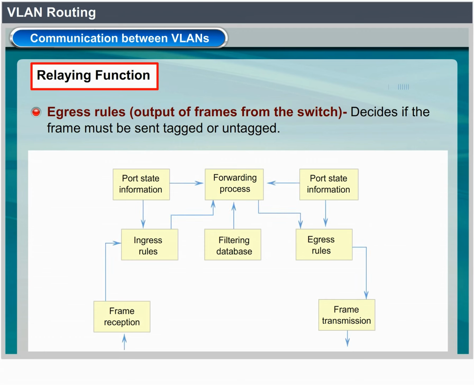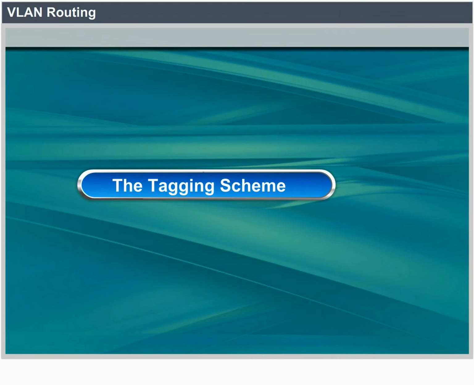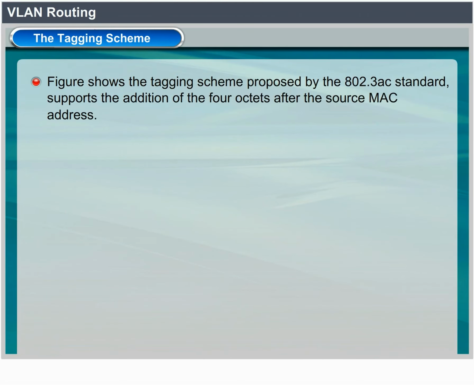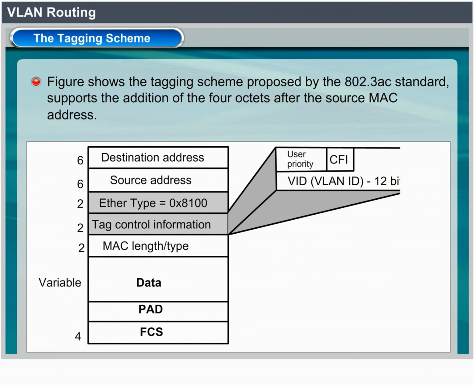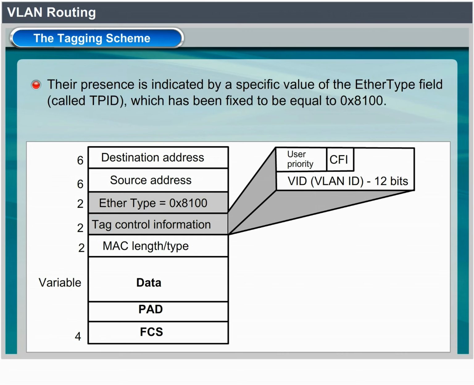The tagging scheme. The figure shows the tagging scheme proposed by the 802.3ac standard. It supports the addition of 4 octets after the source MAC address. Their presence is indicated by a particular value of the ether type field called TPID, which has been fixed to be equal to 0x8100.